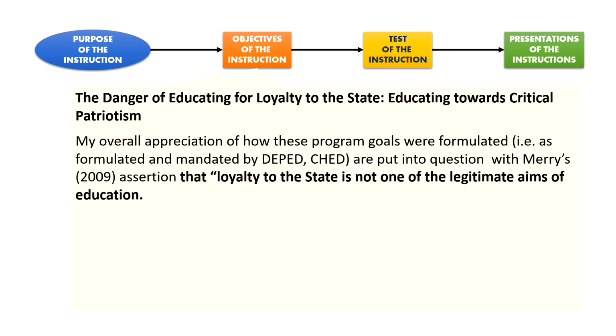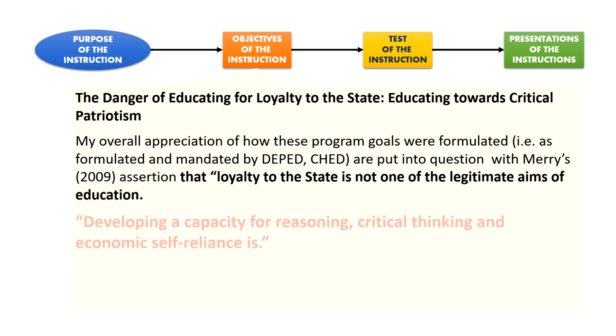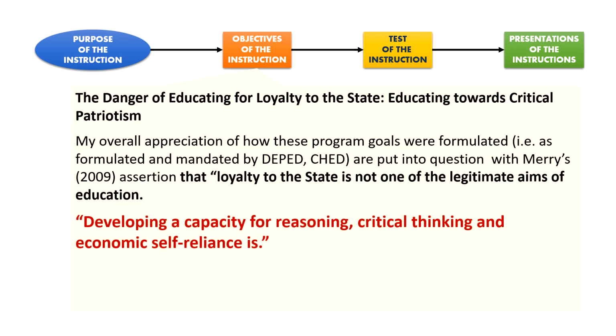Loyalty to the state is not one of the legitimate aims of education. We are not educating people to be loyal to the state, but rather critical people. We know we love our country, we love the Philippines, but it doesn't mean that we have to stop criticizing or participating in the national discourse related to the development of the country.